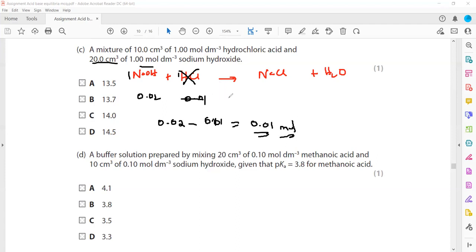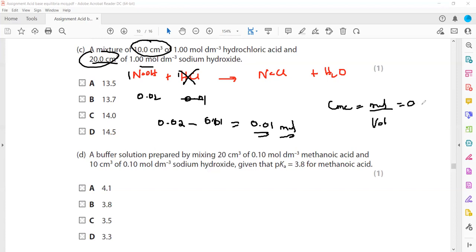Now, after having the moles of sodium hydroxide, we need the concentration. Original concentration was 1, but what about the new concentration? The total volume has changed. When you mix 10 cm cube with 20 cm cube, the total volume is 30 cm cube. The concentration is moles divided by volume.